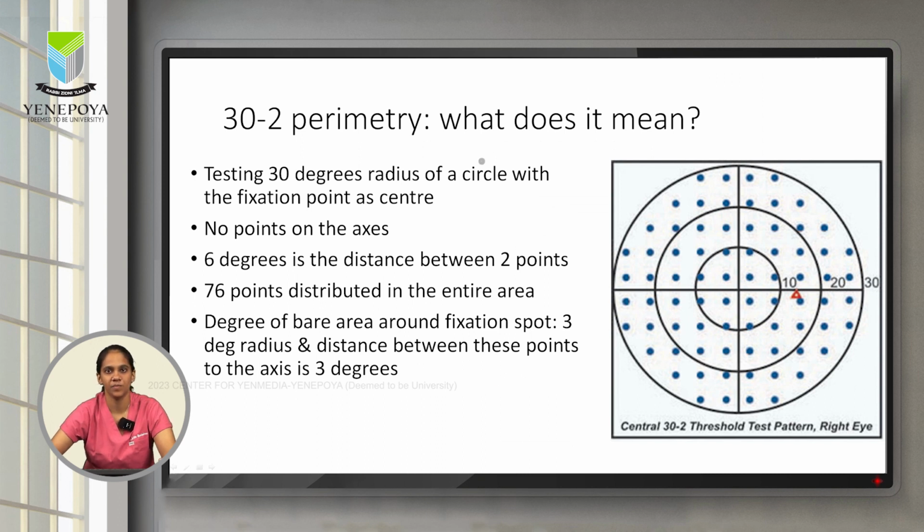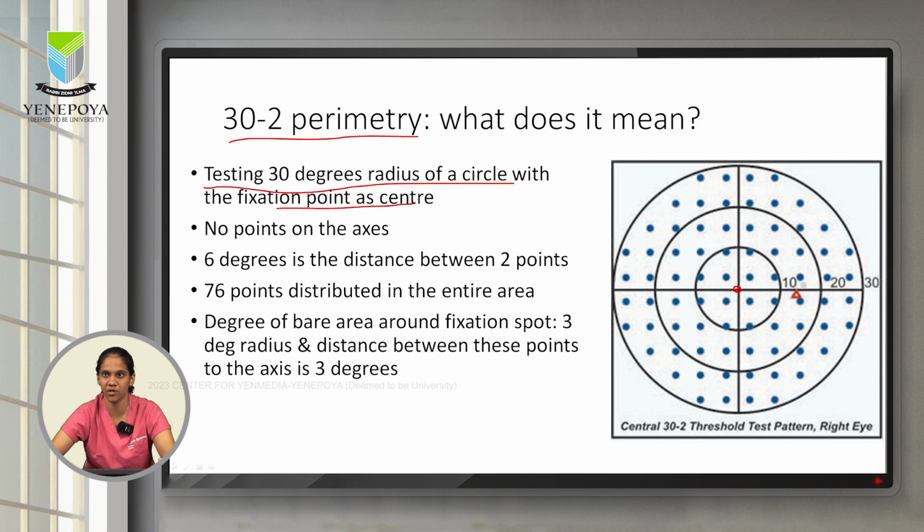So the 30-2 perimetry. We keep saying 30-2, but do we exactly know what it means? Okay, so here we go. Here we are testing the central 30 degrees of your retina with the fixation point as the center. So this right here is your fixation point. This third circle is the 30 degrees around the fixation point.